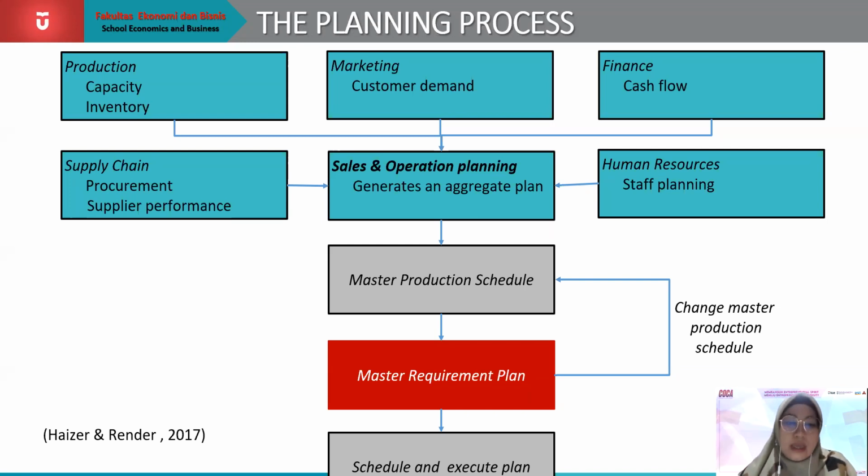Okay, so actually before we make the MRP, you need to make the MPS first. In MPS, you will receive information about gross requirement. Meanwhile, in MRP, you will have net requirement. In the gross requirement, it means you don't care about the inventory, you don't care about scheduled receipts, you don't care about projected on hand.